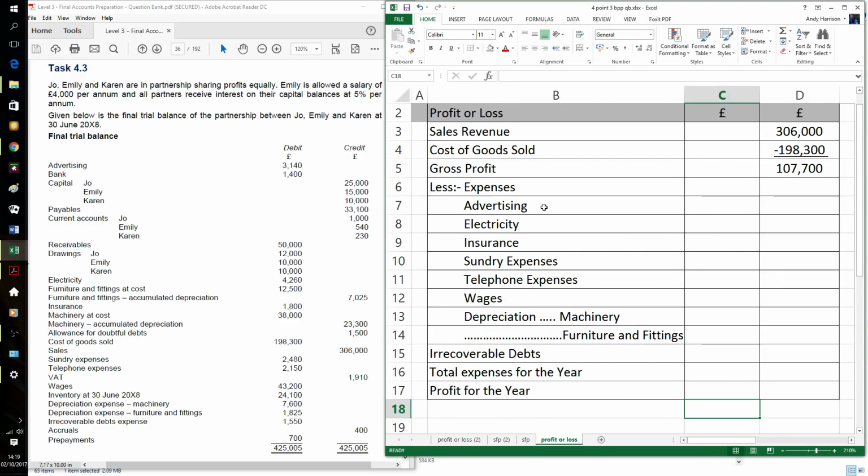Watch also for this one, this first expense figure is in the second row here, so there's no figure in this row. All straight off the trial balance in this question. There can of course be adjustments.